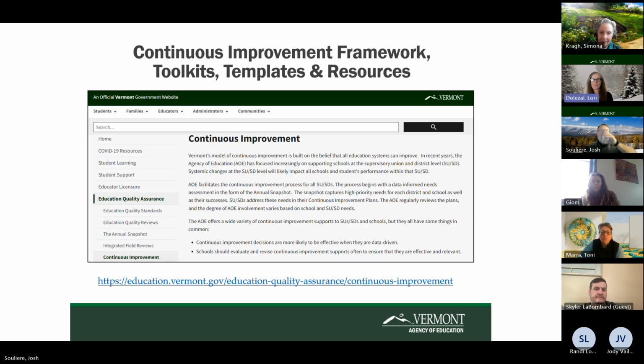Many of the resources you'll be able to locate on our continuous improvement website. So you can find links to the template and the toolkits and many other resources that we will be talking about either today or with you at the workshop or in your monthly meetings.